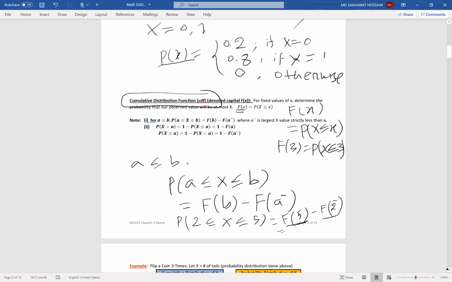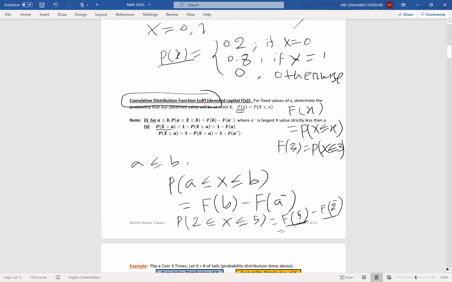Okay, and in number 2, the probability of X greater than or equal to a, you can also use the CDF function to find. But to find this probability, you first have to rewrite it as 1 minus the probability of X less than or equal to a. What we are doing here is taking the complement. We know that the total probability is 1.